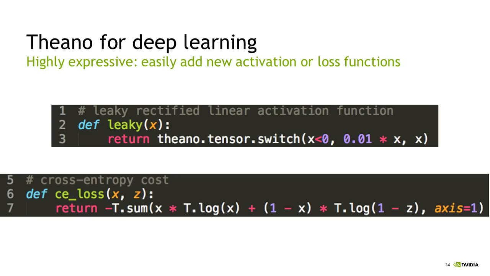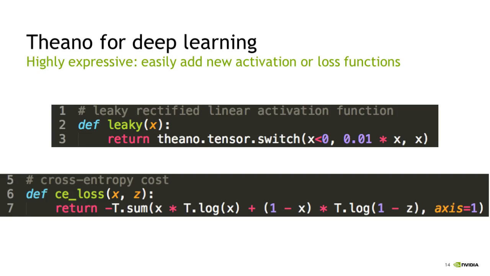As I mentioned, it's very easy to add new activation or loss functions. It's much like adding any other Python function. So here I have an example of adding a leaky rectified linear activation function. That's just a neuron activation function that is x times 0.01 for x less than 0, or x otherwise.